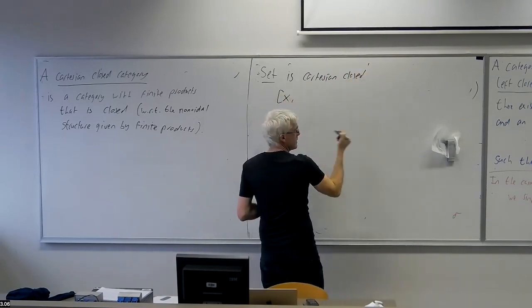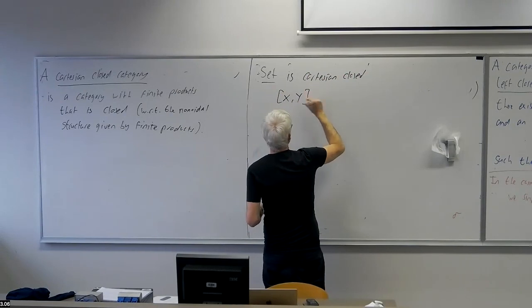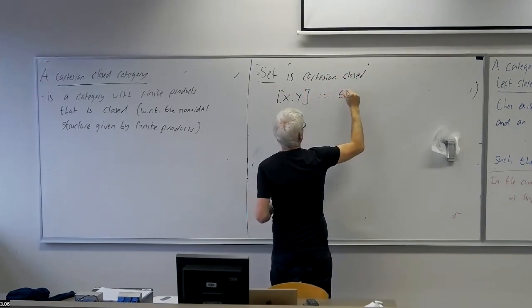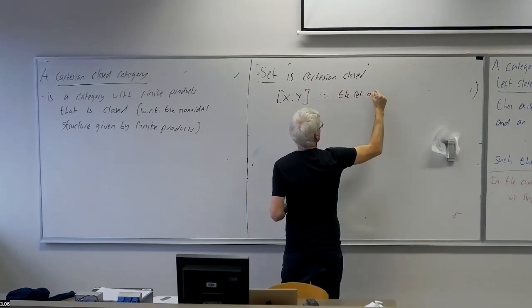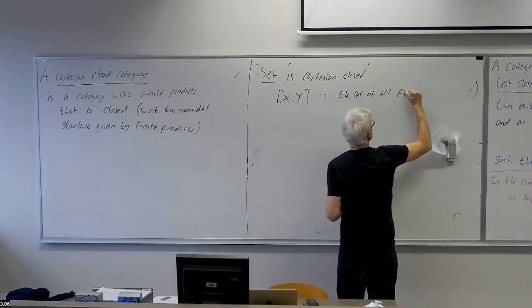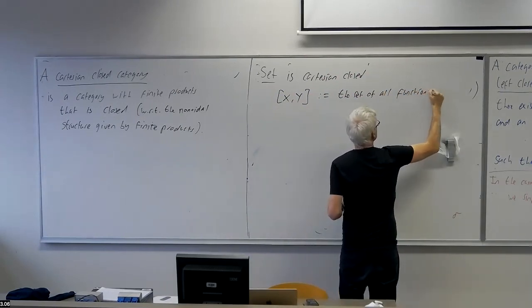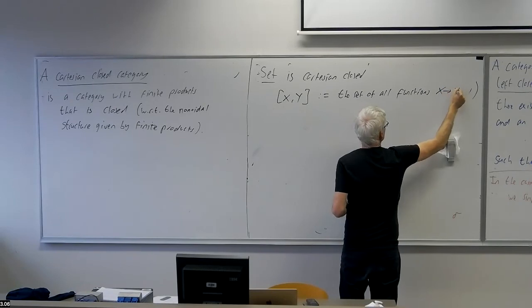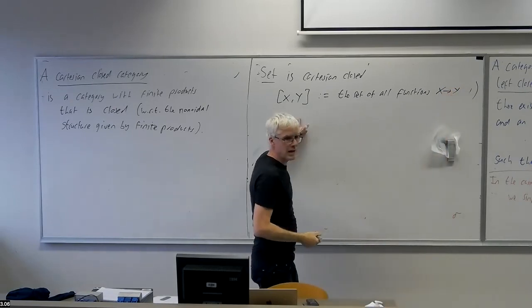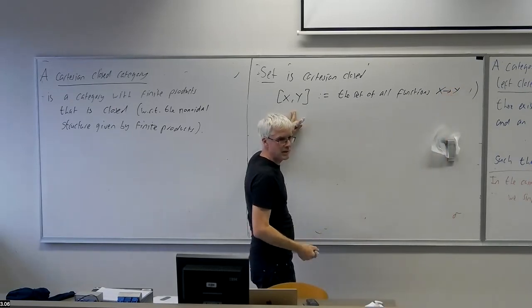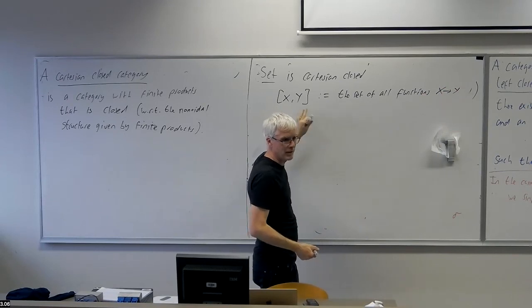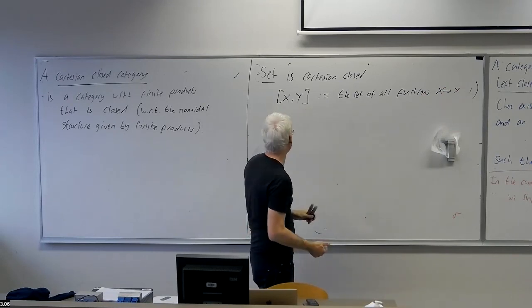And it's very easy to see it satisfies that defining property. So it's the set of all functions x to y. And the evaluation map is the expected evaluation map. Take a function, take an argument, and apply the function to the argument. So I won't even write that down.